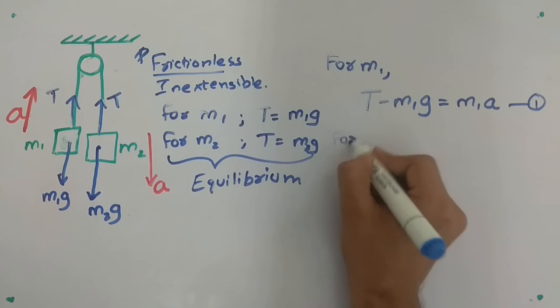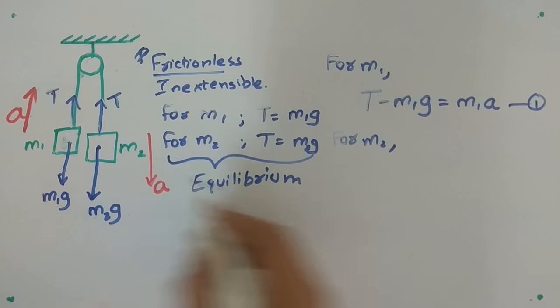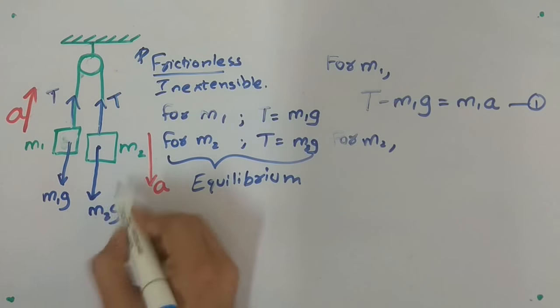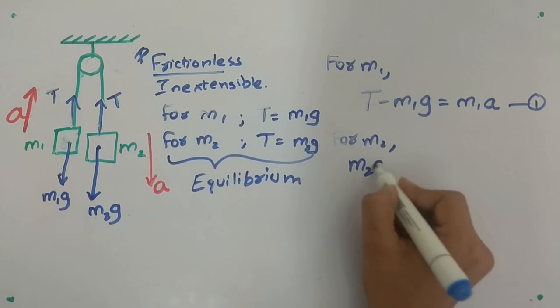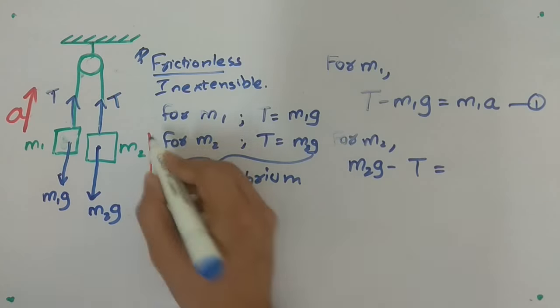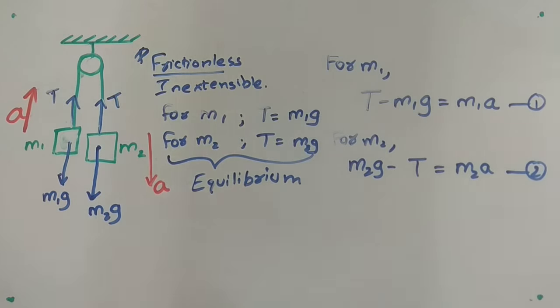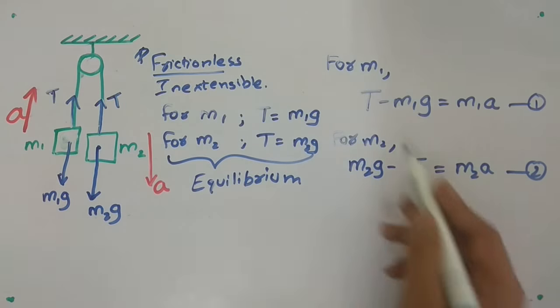Now for m2, this object is moving downward, so the downward force should be greater. m2g minus T equal to acceleration, so therefore m2 into a. Now, since we have been asked to find the acceleration, just solve these equations simultaneously.